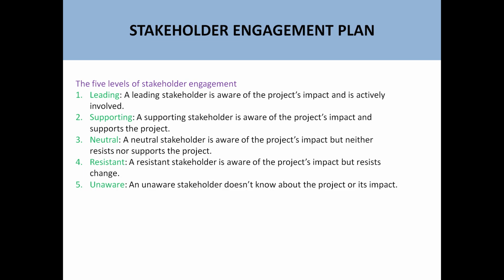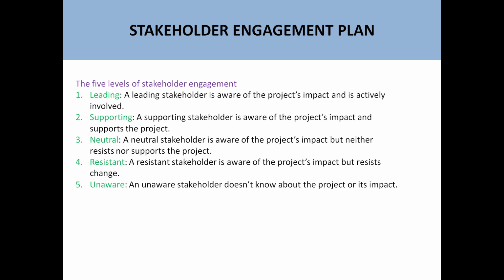Resistant stakeholders are those who don't want the successful delivery of the project. They don't want the project to be completed, because, for example, you are implementing a project in a company, and there is another project, the ABC project, already implemented in the company, and if your project is implemented, their ABC project will be removed from the company, so they don't want your project to be successful.